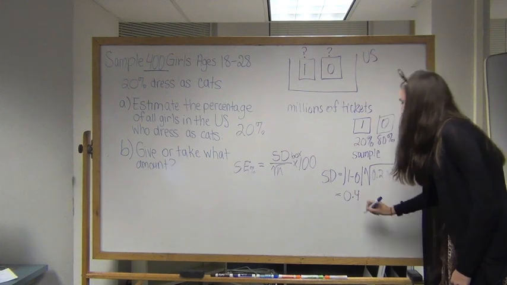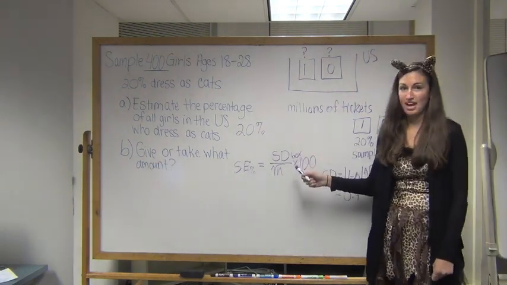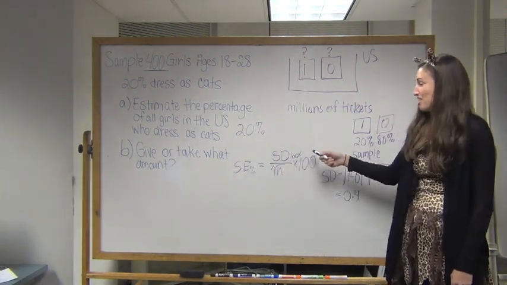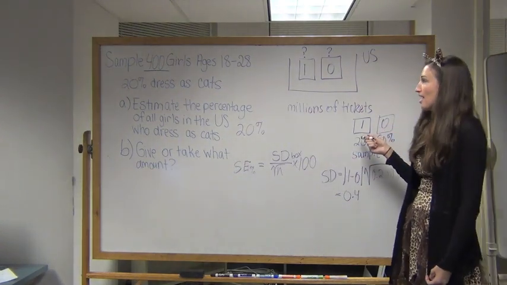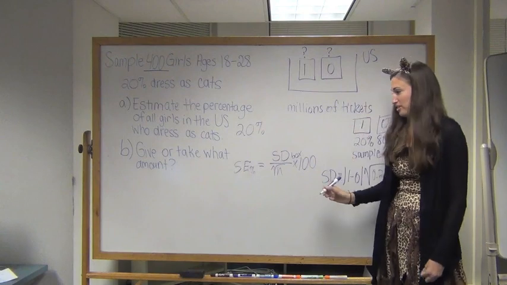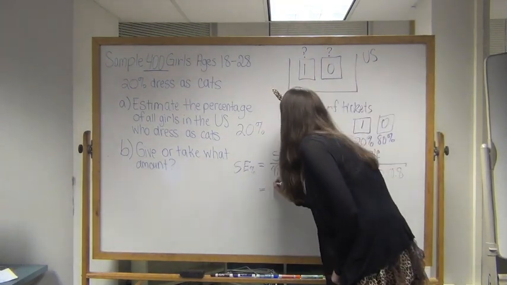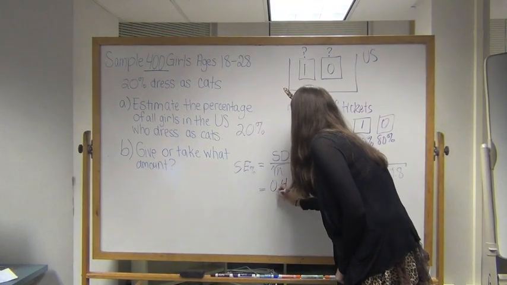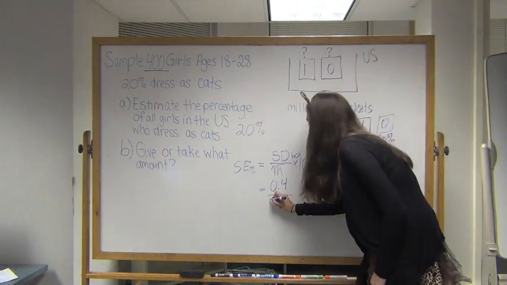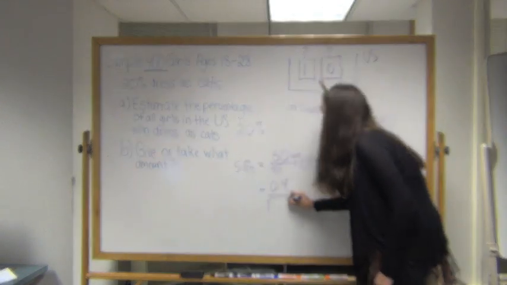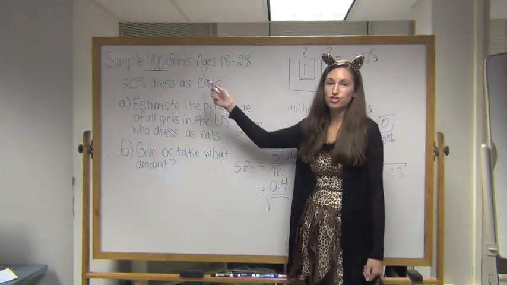So now we're one step closer to getting our SE percent. We have the SD of the box of the sample, and we're going to use that to estimate the box for the population. So plugging in our 0.4 for SD, now we have to plug in our N. And our N, remember, was 400 from our sample.